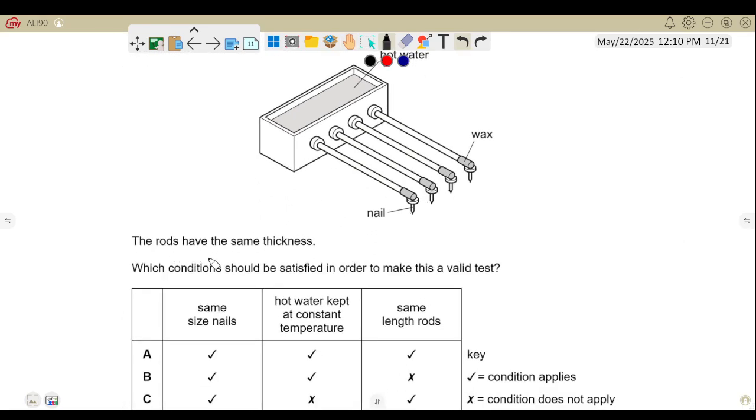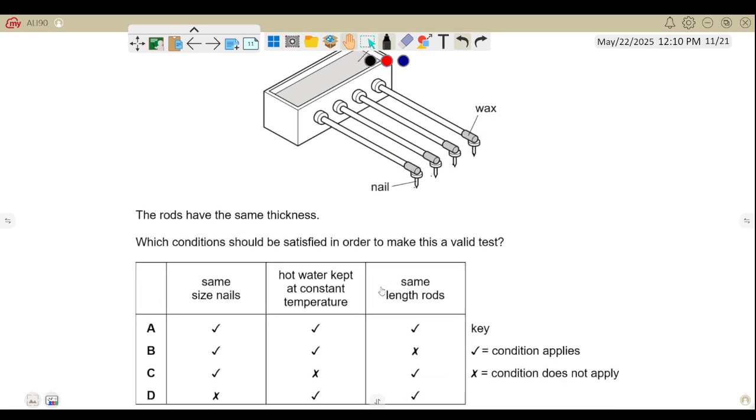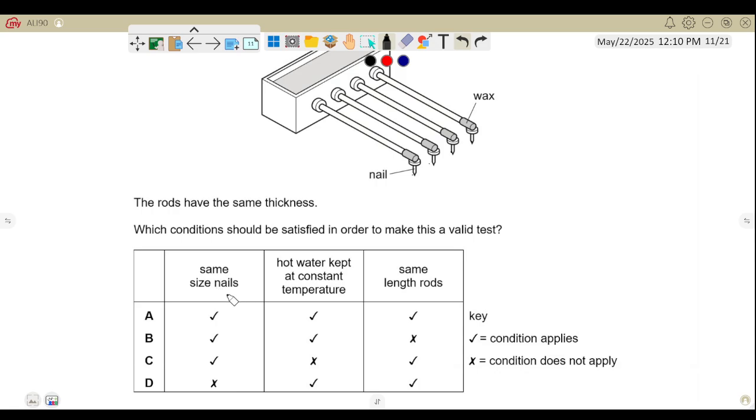The rods have the same thickness, the same dimensions. Which condition should be satisfied in order to make this a valid test? Same size nail, hot water kept at constant temperature, same length rod.